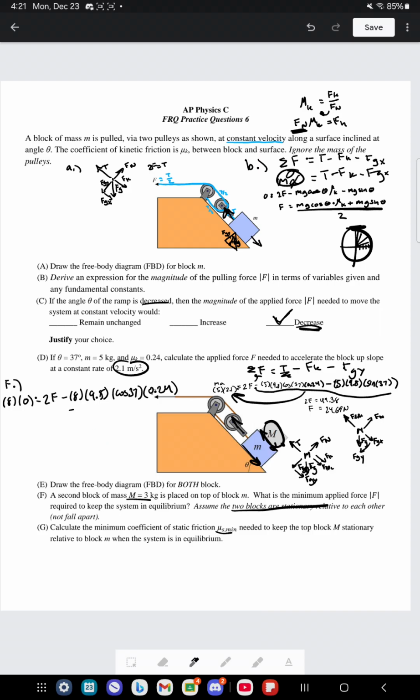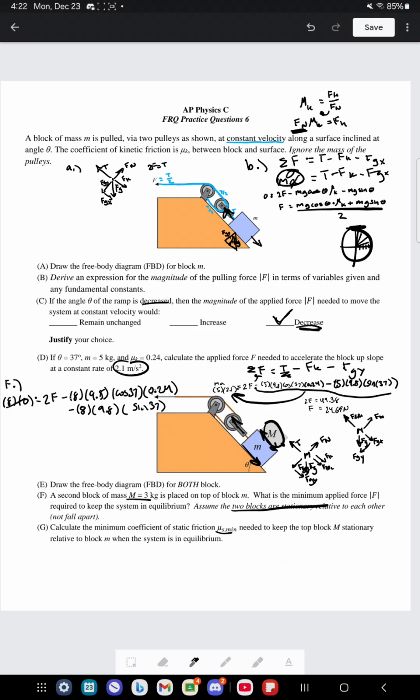minus, let's see, 8 times 9.8 times sine 37, and that is the FGX, and this cancels out.